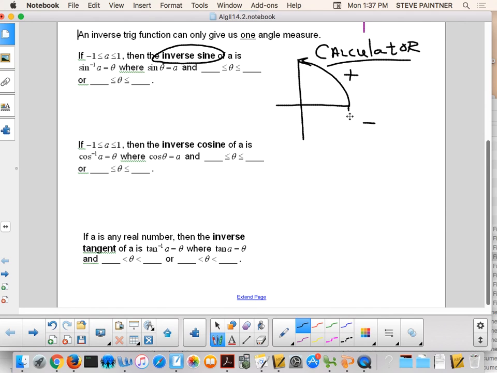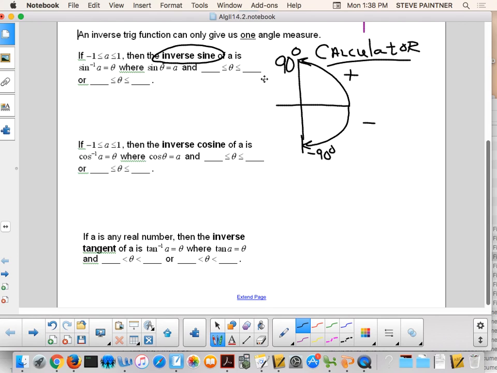All negatives will be here, from 0 to negative 90. This is what your calculator does, and that's all it does. It never talks about any of these. So even though 40 was the answer, so was 140. Your calculator doesn't care. It's only going to tell you 40.